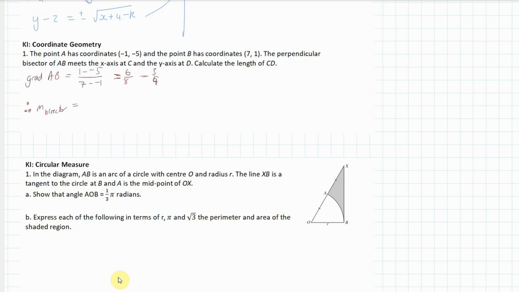That's a 4 there. So it'll be negative 4 thirds. And then we want a midpoint for AB, because we're doing a bisector.